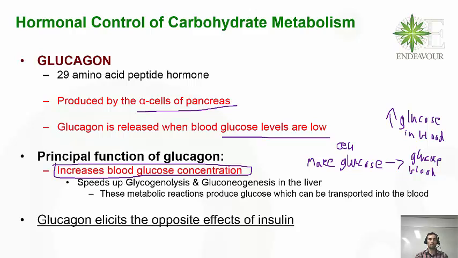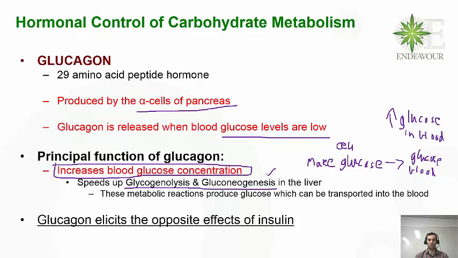So the specific processes that are upregulated to make more glucose are glycogenolysis, which is the breakdown of glycogen into glucose, and also gluconeogenesis. We see that both of these processes are being stimulated and they're occurring in the liver.